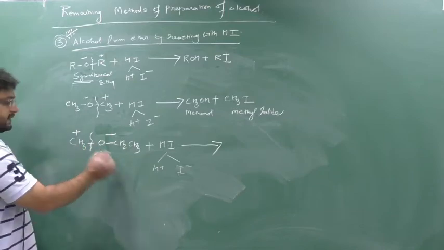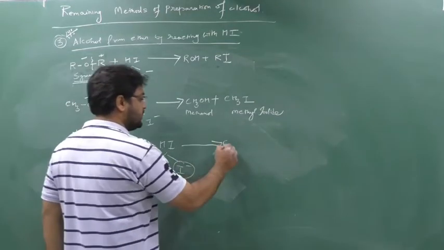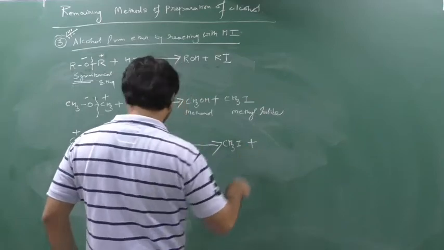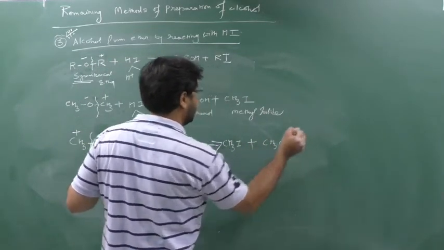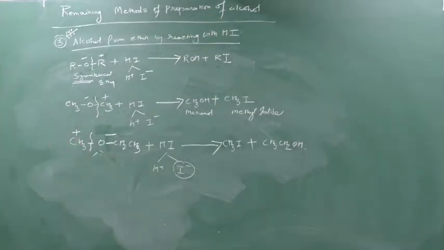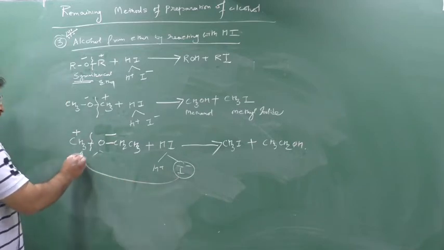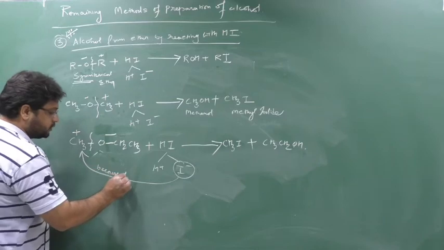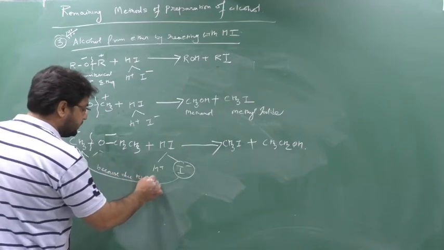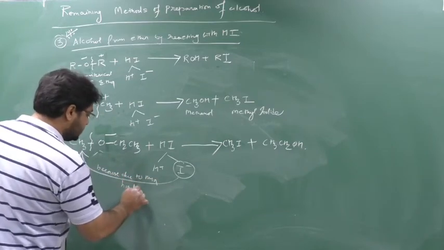This CH3 plus will react with this minus and form CH3I, and here CH3 CH2OH forms, so only ethanol will be formed, methanol can never be formed, because I minus attacks this CH3 plus only, due to minimum hindrance.